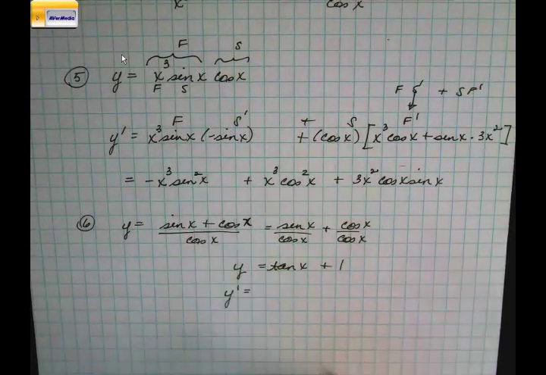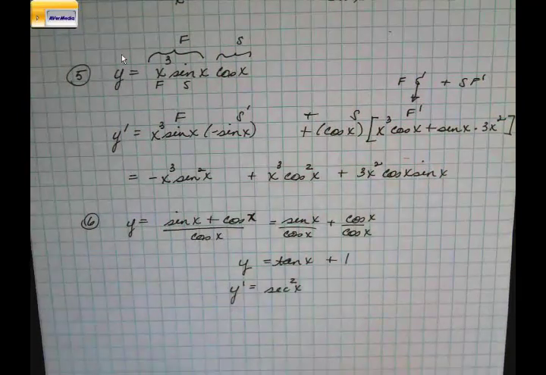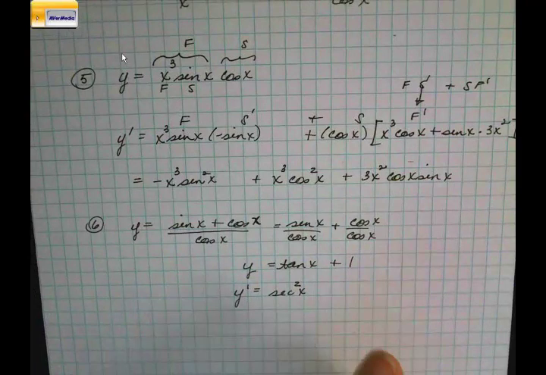The derivative of tangent is secant squared x, and the derivative of 1 is 0, so the answer is just secant squared x.